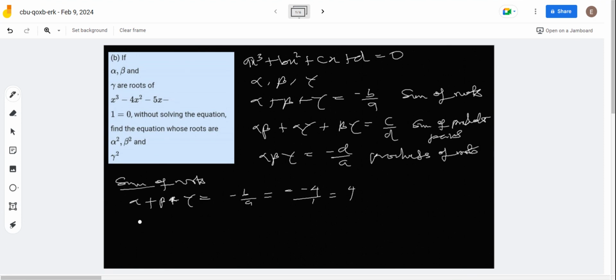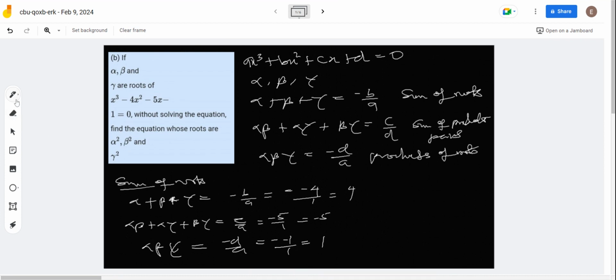Then the sum of the product pairs, alpha beta plus alpha gamma plus beta gamma, is c over a, which is minus 5 over 1, which is negative 5. Then the product of roots, alpha beta gamma, is minus d over a, which is minus negative 1 over 1, and that gives us 1. Let's leave these values there; we'll come back for them.